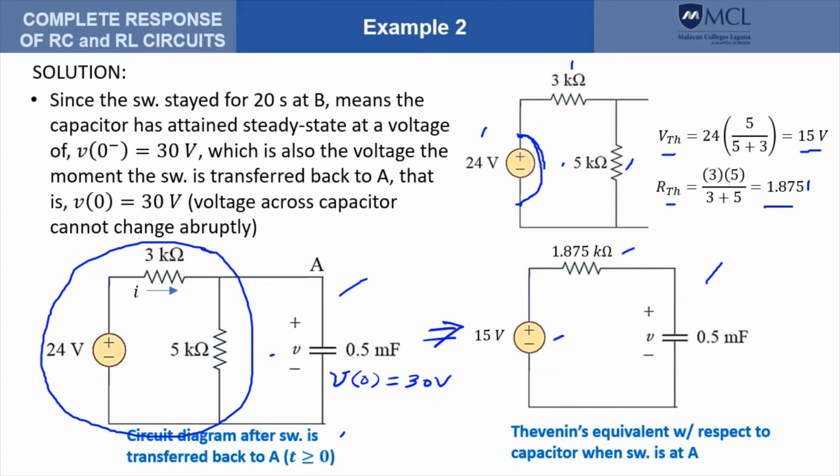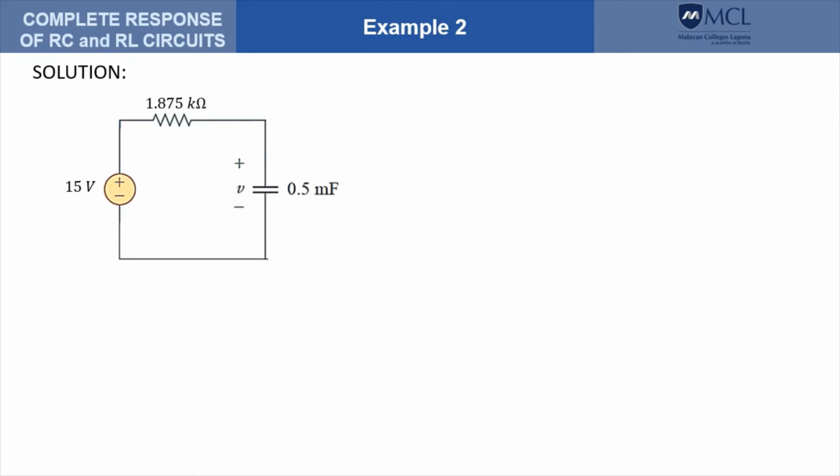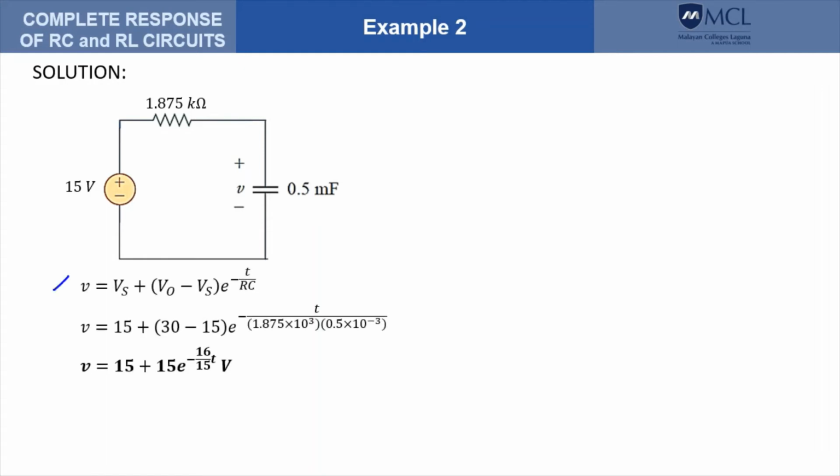Now, this is a series RC circuit, and we should be able to use the formula that we have derived. After converting the circuit into a series RC, we use the formula. We know V naught to be 30 volts. So plugging in the rest of the values, that should give us an equation for V that is like this.